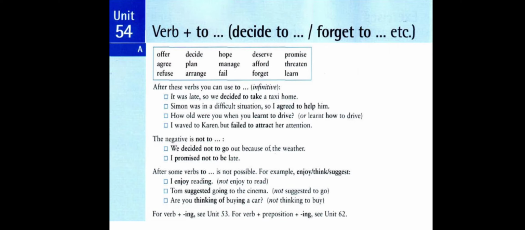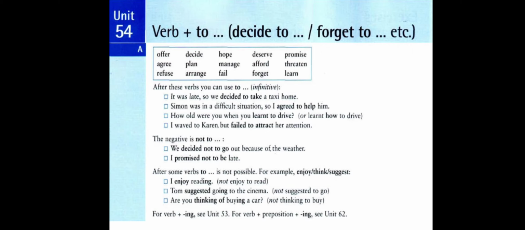So the sentence becomes this way: we decided not to go out because of the weather. Example number 2, I promised not to be late. And here we have not before to and the base form be after to.